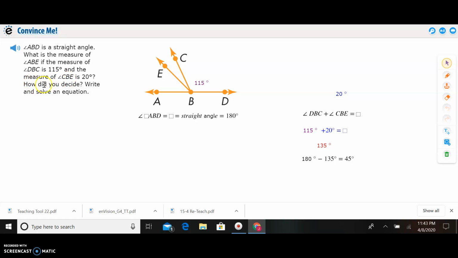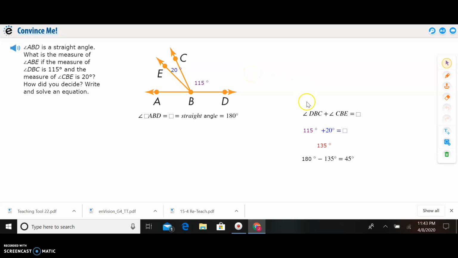The problem also tells us that the measure of angle CBE is 20 degrees. So I'm going to pull that number over here, 20. So now we've got angle ABE, which is our unknown. We've got DBC, which is 115 degrees, and CBE is 20 degrees.